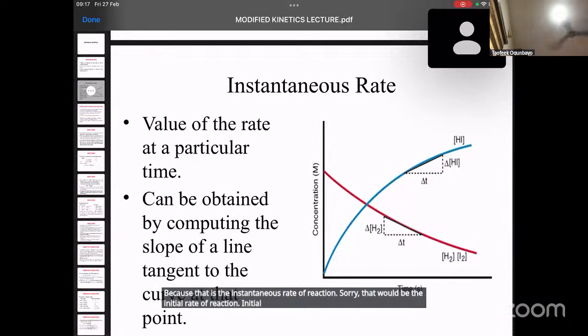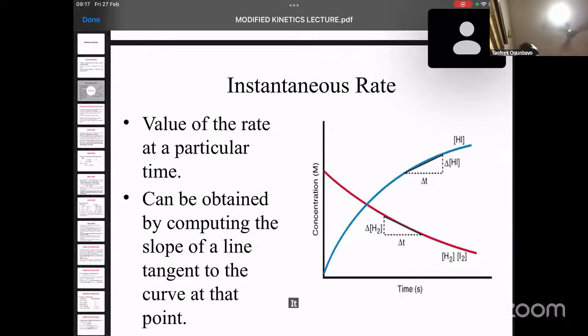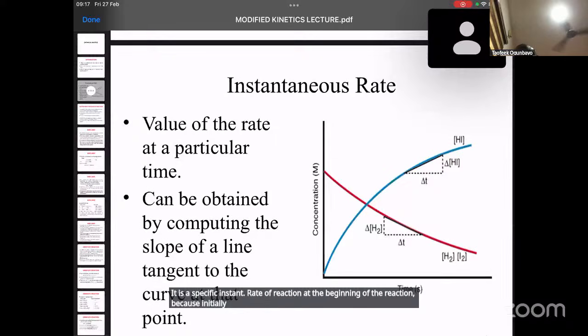Initial rate is also an instantaneous rate, but it is a specific instant at the beginning of the reaction. Instantaneous rate doesn't have to be initial rate. Instantaneous rate can be at any point on that curve: at the beginning, in the middle. Somebody just has to tell you the time, and you know that's where you measure.